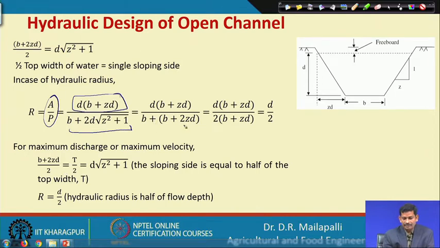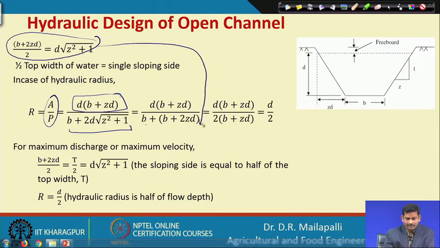Once you divide this, from here if you bring it down, b plus 2D square root of z^2 plus 1 is equal to b plus 2zD. So, then D(b plus zD) by 2(b plus zD), this cancels out, and finally, D by 2.